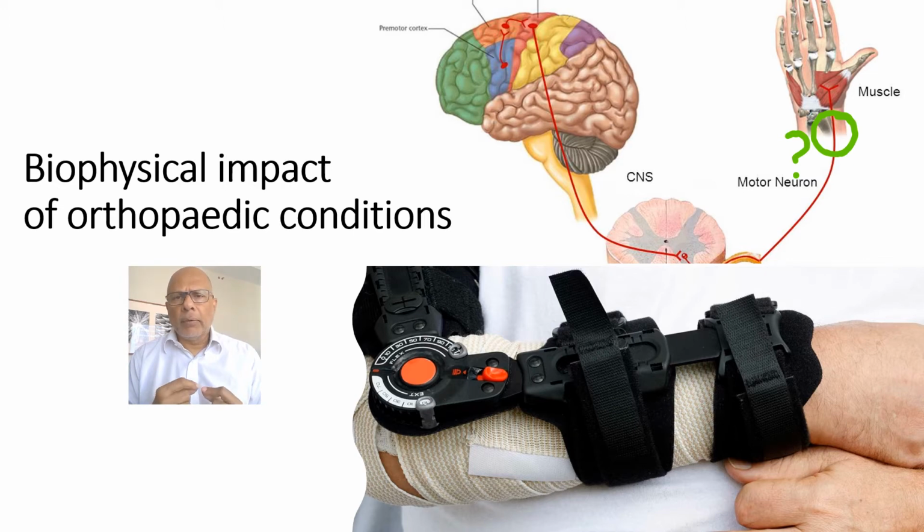And the resultant stiffness can affect function. In neurological situations where the nerves to the muscles are affected, we need to look at how we can improve the function through various interventions, taking into consideration the neural plasticity and the cortical reorganization that can occur in the brain.